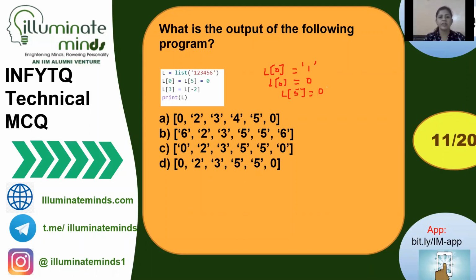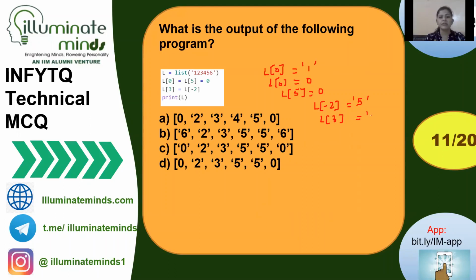Now instead of a string we have assigned a number value, and L[3] is assigned L[-2]. -2 means we will start reading from the end. The last value is -1, hence L[-2] will be 5. This means L[3] will also become 5, inside quotes, don't forget this.